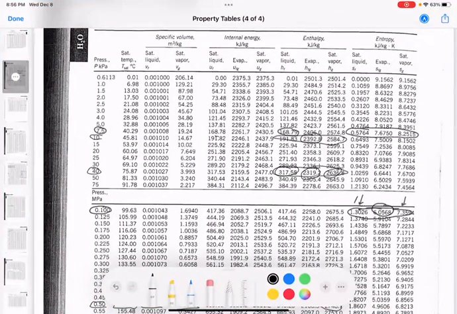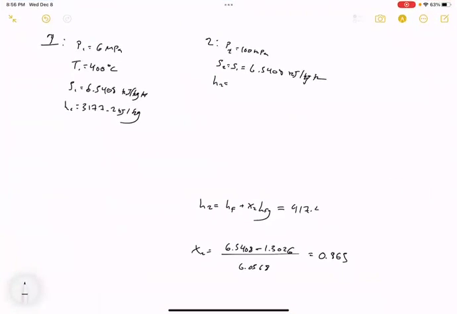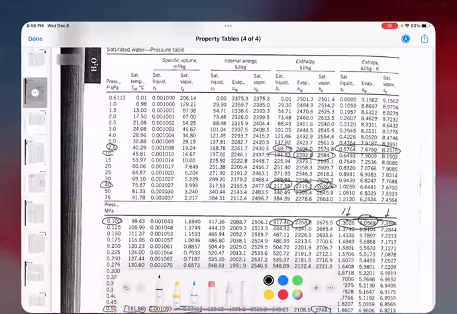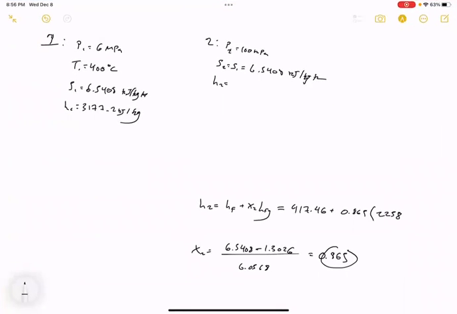We've seen this before many times, but let's just find what HF and HFG are. For 100 kilopascals, we have HF is this, HFG is that. So 417.46 plus 0.865, which we calculated over here, times HFG, which is 2258.0. So 417.46 plus 0.865 times 2258. And this is giving us an enthalpy of 2870.63.